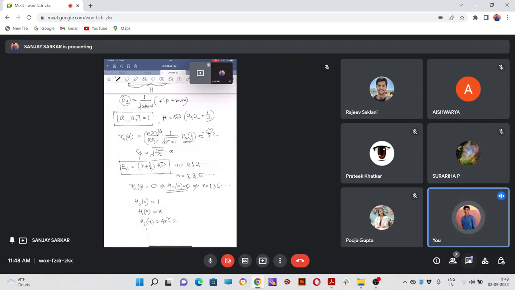So if we put x equal to 0, then H0 is 1, it is not 0, so this condition is not satisfied for n equal to 0.